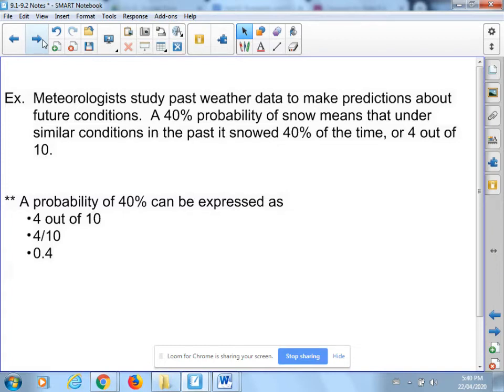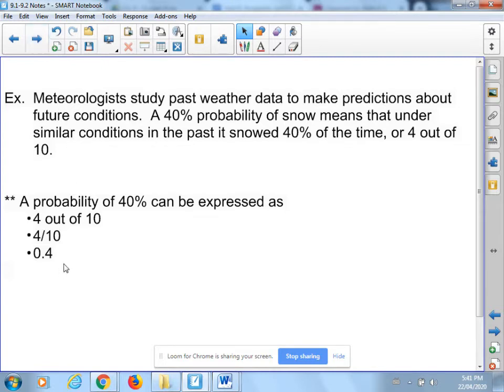So, for an example, meteorologists study past weather data to make predictions about the future conditions. A 40% probability of snow means that under similar conditions in the past, it snowed 40% of the time, or 4 out of 10. So a probability of 40% can be expressed as 4 out of 10, 4 over 10 as a fraction form, or 0.4 as decimal form.